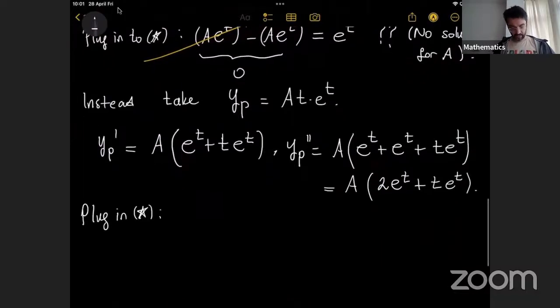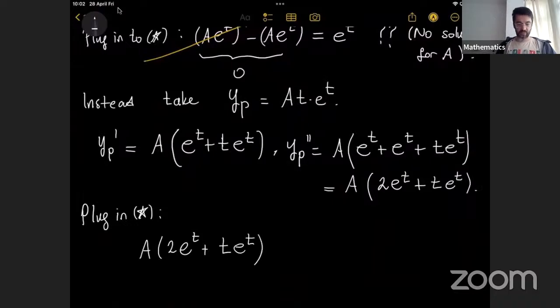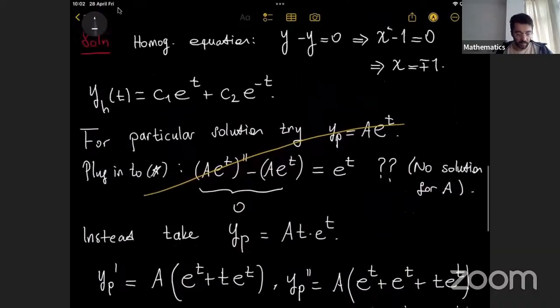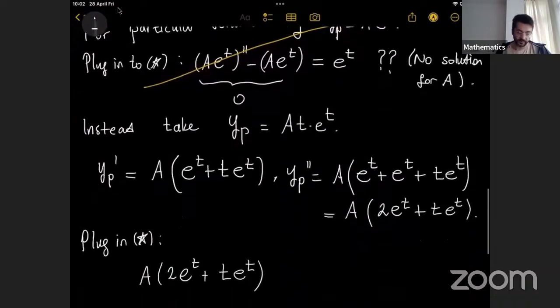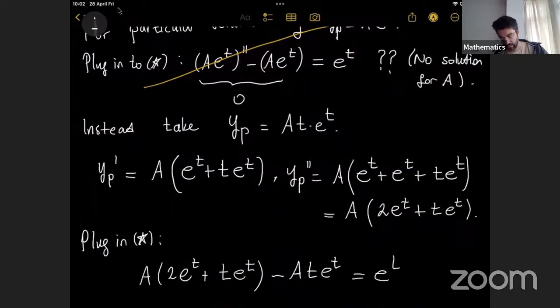And we get what? A times 2e to the t plus t e to the t. This is y double prime, minus y, minus a t e to the t is equal to e to the t.